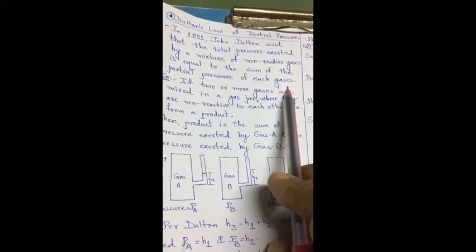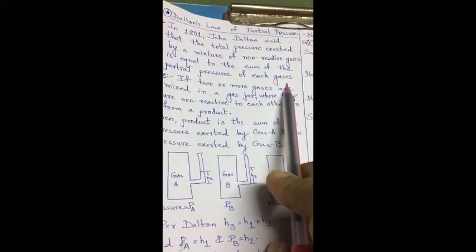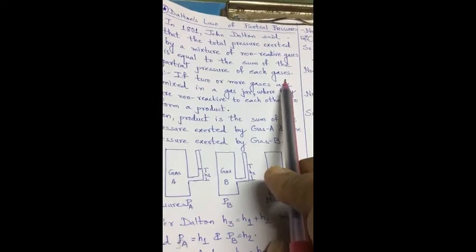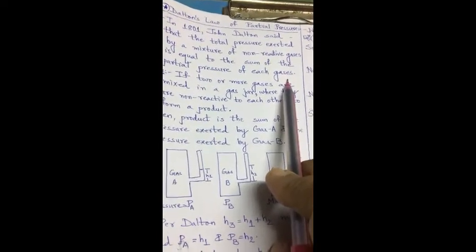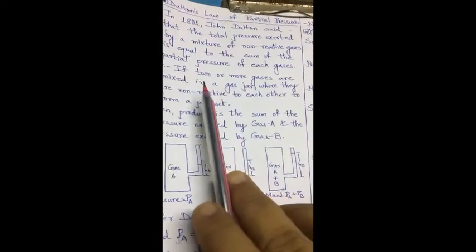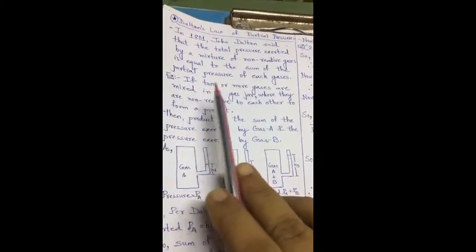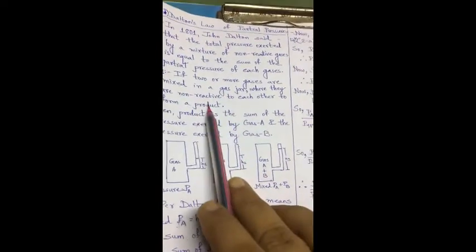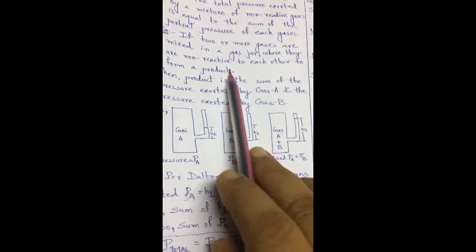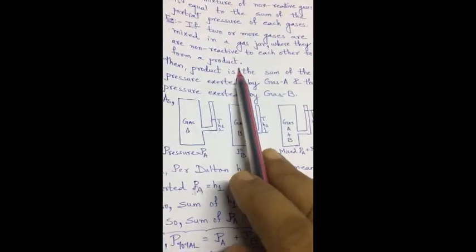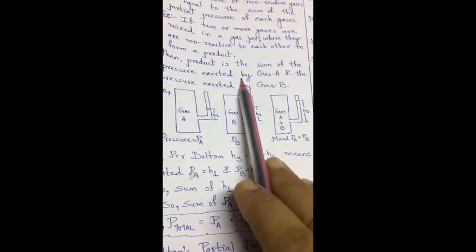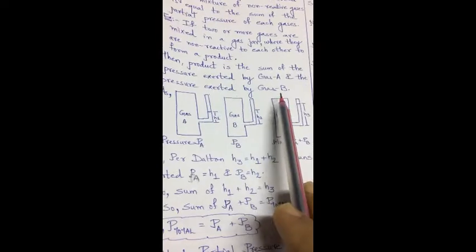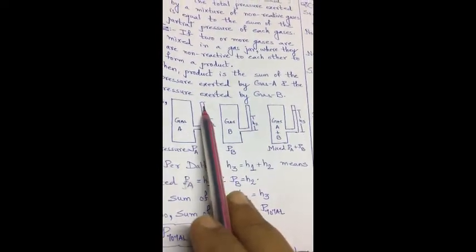So he gave the idea that the individual pressure of each gas adds up to the total pressure, right? See, here is an example. If two or more gases are mixed in a gas jar where they are non-reactive to each other, to form a product, then the total is the sum of the pressure exerted by gas A and the pressure exerted by gas B. So here is gas A, a closed end barometer, right?